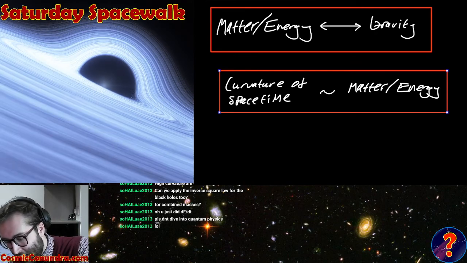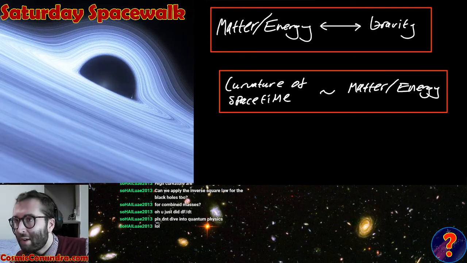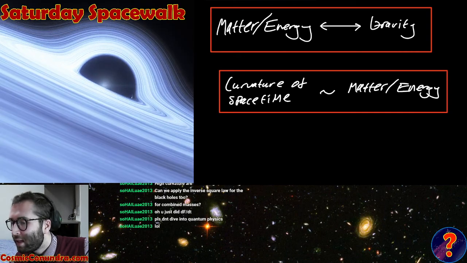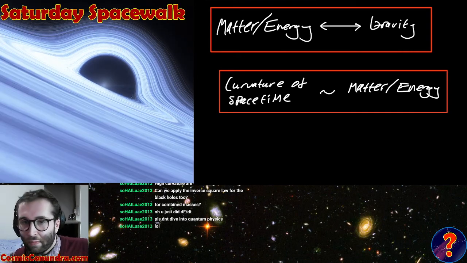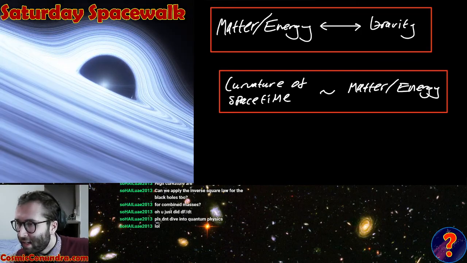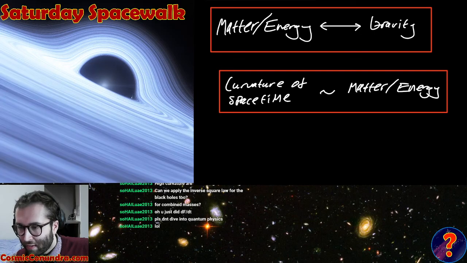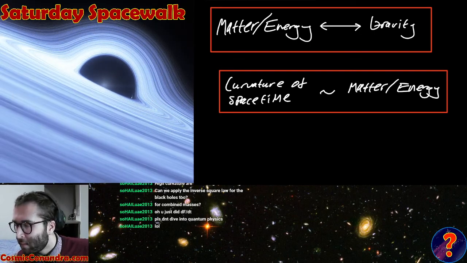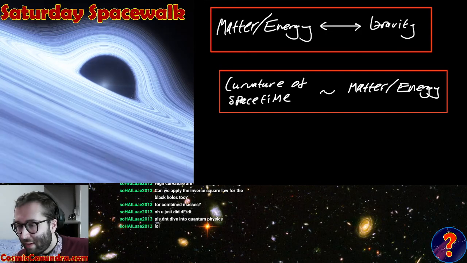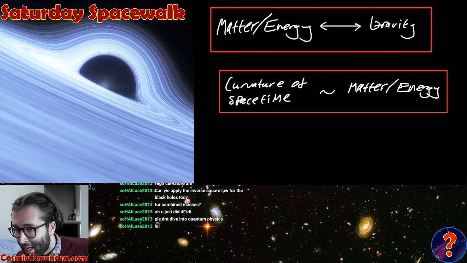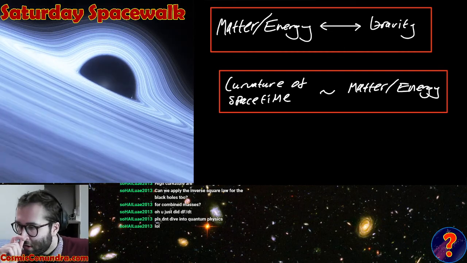But we can already think about how this is slightly different from Newton's idea of gravity. In Newtonian gravity, if you have a part of space which has absolutely no matter in it, no matter anywhere nearby, then you have no gravity. If you've got no matter, there's no big M in your inverse square law, so you've got no gravity.